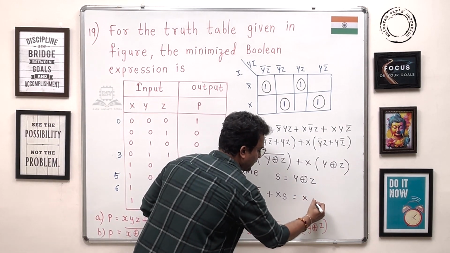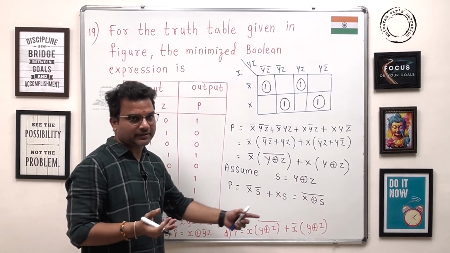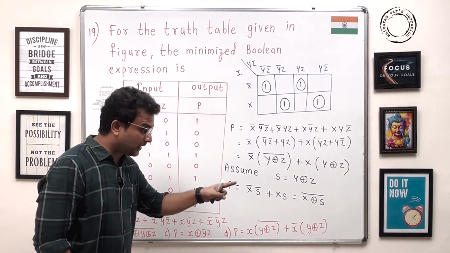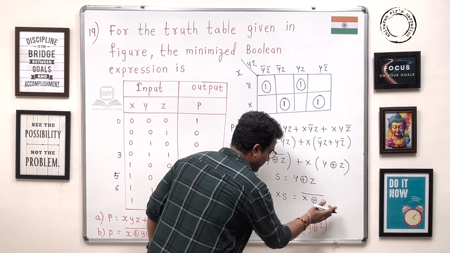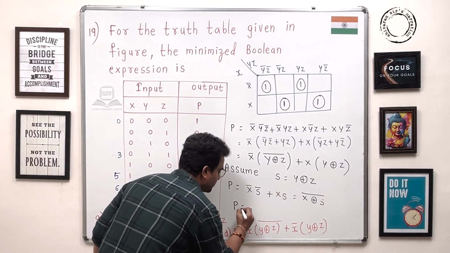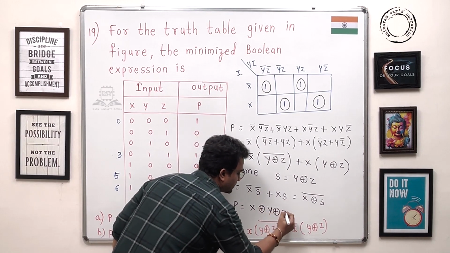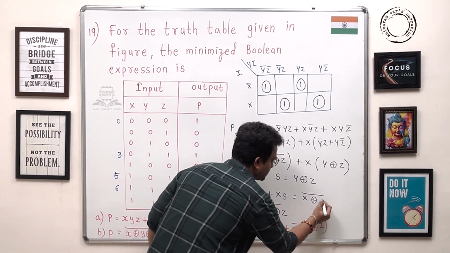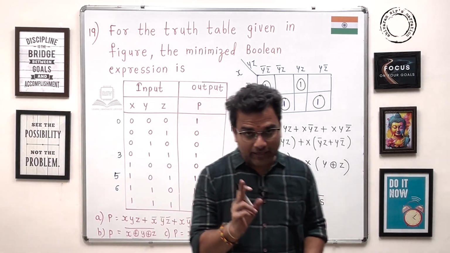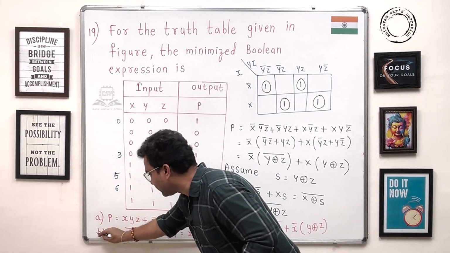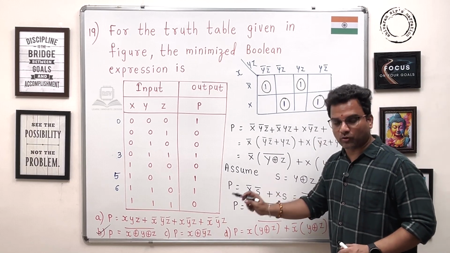(X XOR S) whole bar, because that is XNOR only. Now what is S, guys? Y XOR Z. Hence you can write here P is equal to (X XOR Y XOR Z) whole bar. This one. See here guys. So as per the options, the right answer is option B: P is equal to (X XOR Y XOR Z) whole bar.